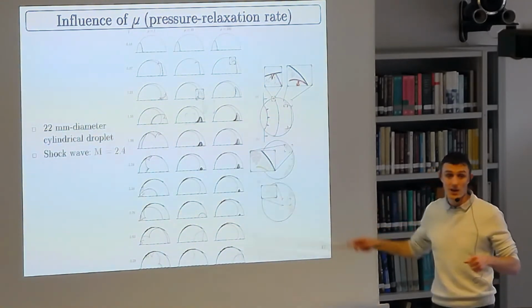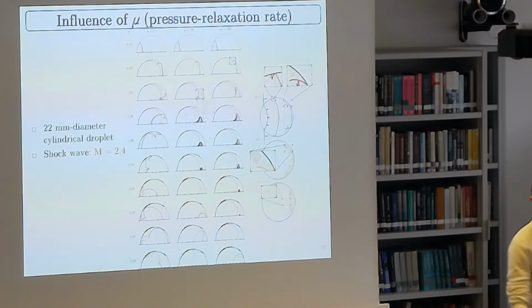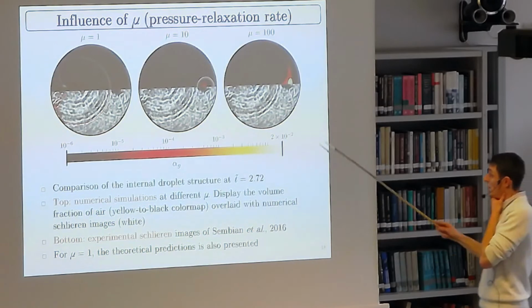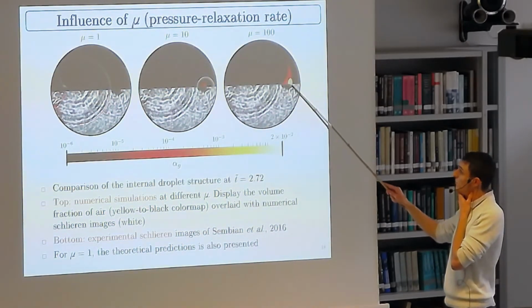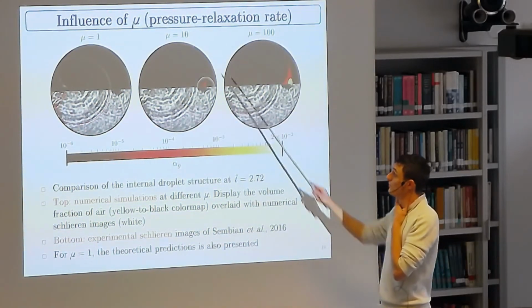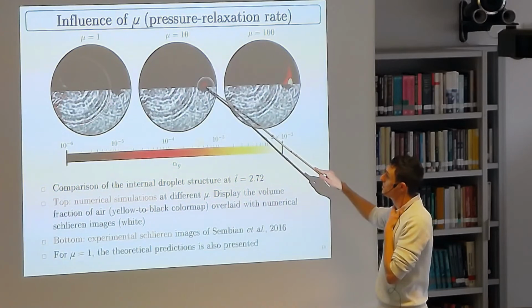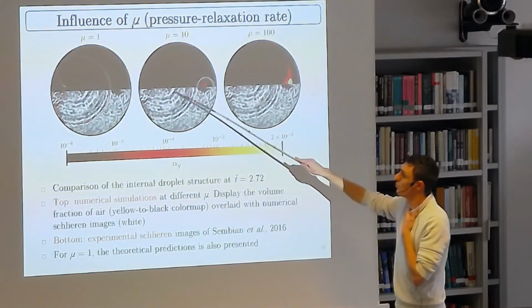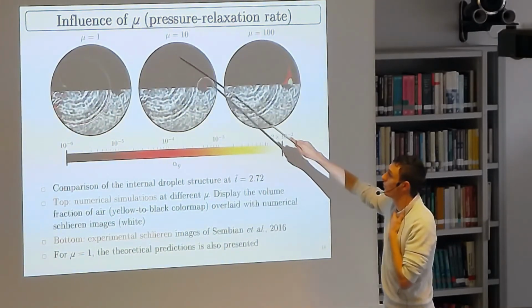Everything was absorbed by the bubble cloud. And so you see the cloud here, not at the right location though, but you don't see the waves. And if you take mu equal 10, you see a cloud that already collapsed, so you have some shock waves here, but they are not aligned with the shock waves already there. We don't see the other waves also.